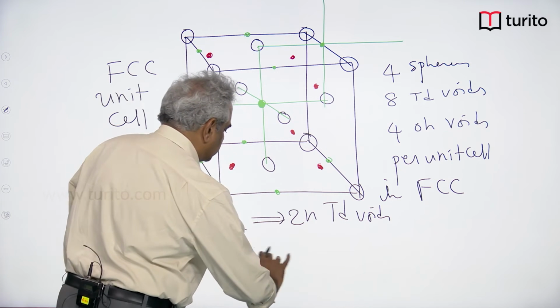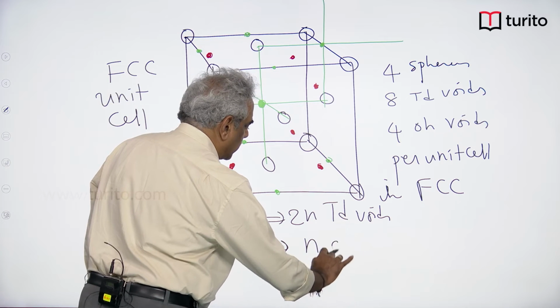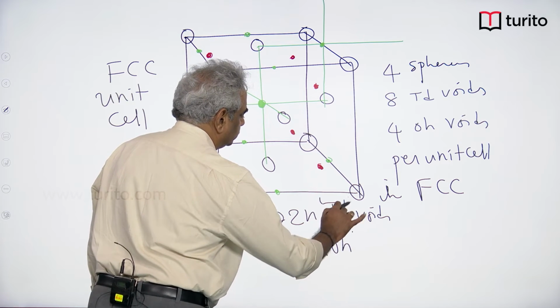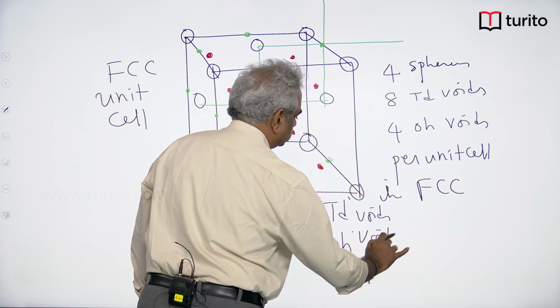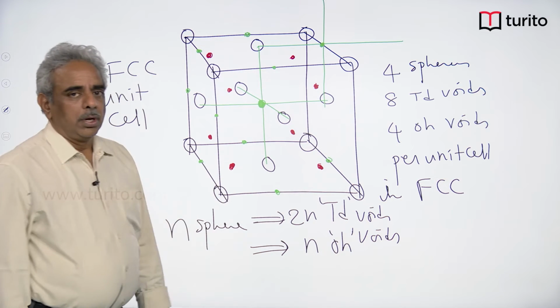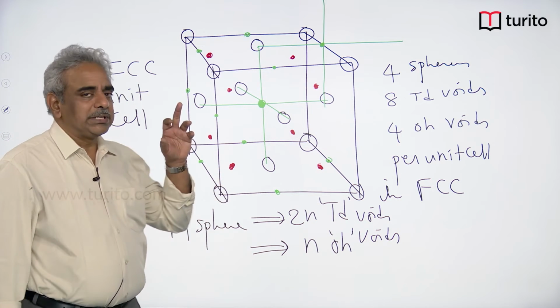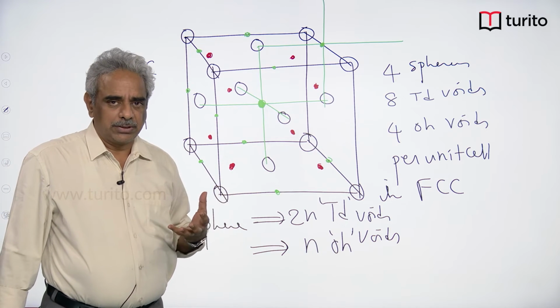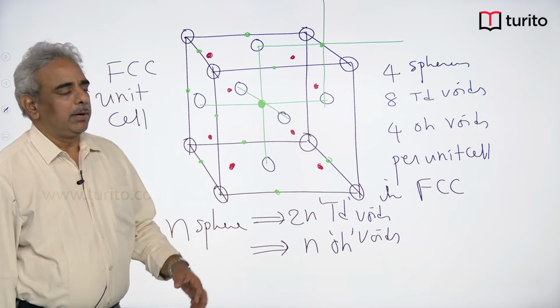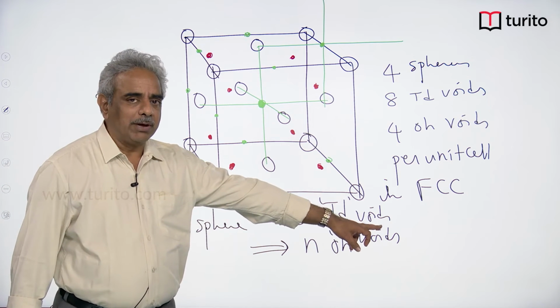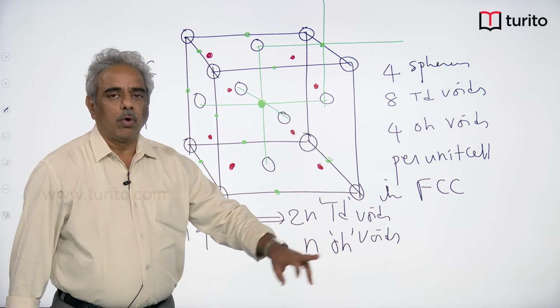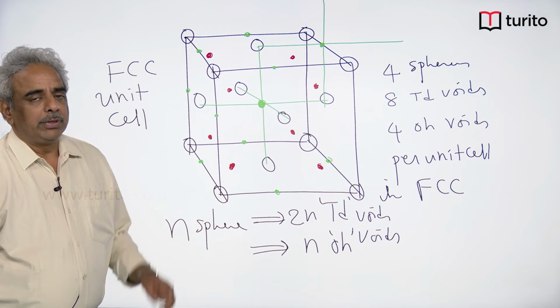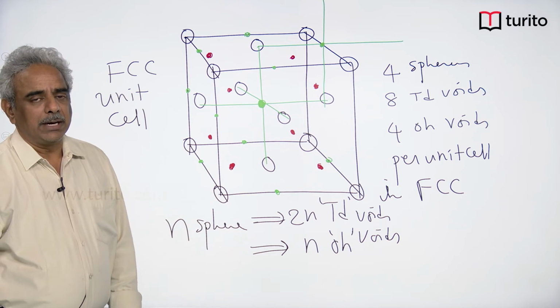N spheres can generate n octahedral voids. So, whenever there is an FCC lattice developed by n number of spheres, definitely there will be 2n tetrahedral voids developed and n octahedral voids developed. This the student should always keep in mind.